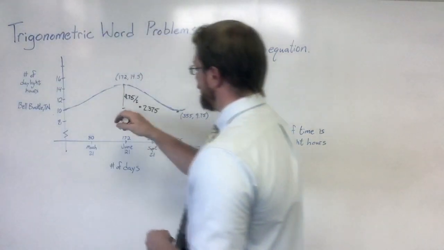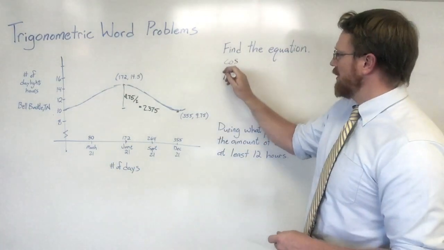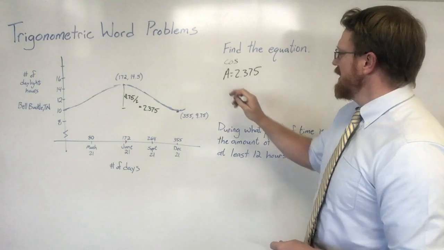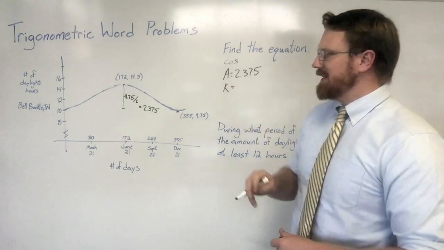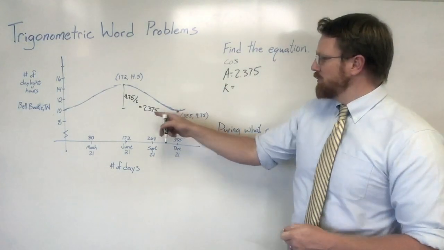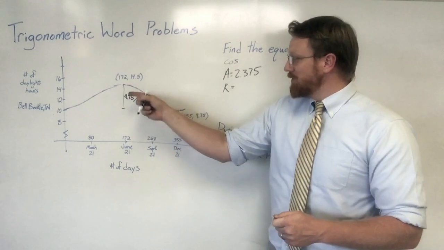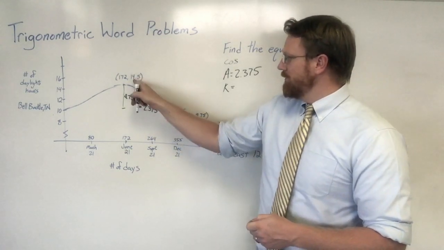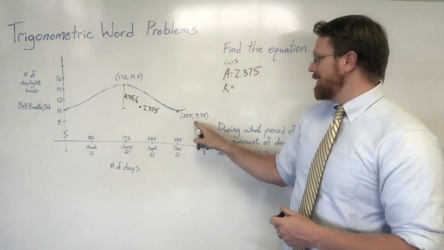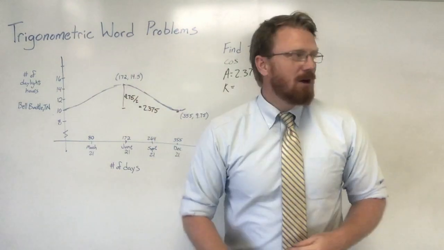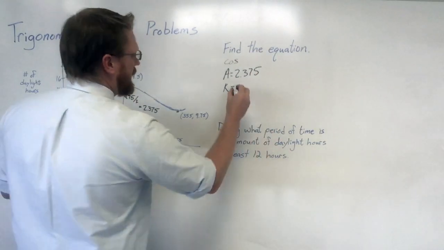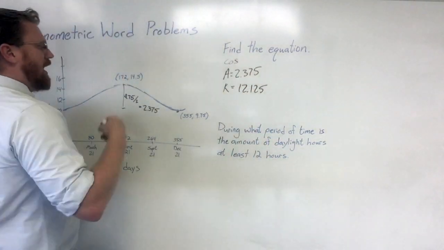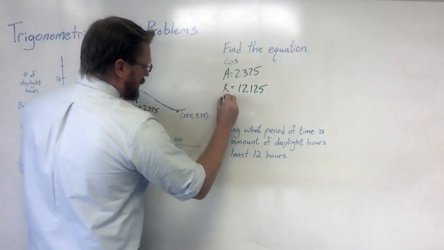That helps me find the axis of the wave. I know it's 2.375 above the trough or below the crest. So 14.5 minus or 9.75 plus that amount will tell me my K term, which is 12.125.